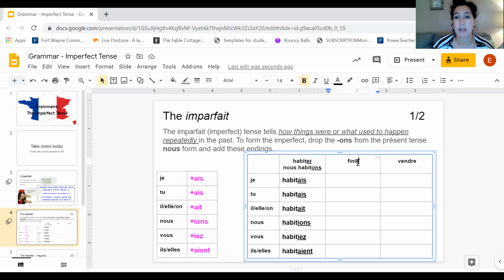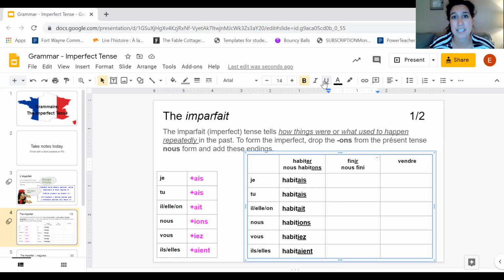The biggest ones that we have to be careful with are the IR ending verbs. So let's take the verb finir as an example. And in the nous form, it is what? This is where you have to sing your IR verb endings to really get this.